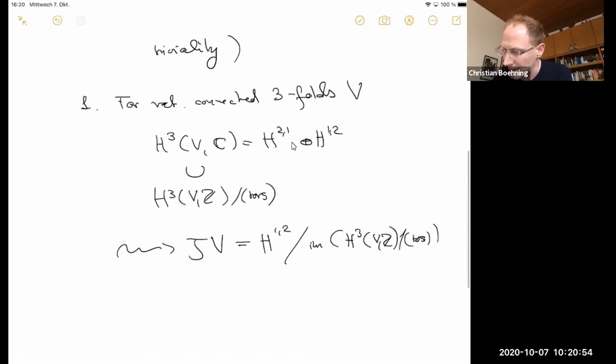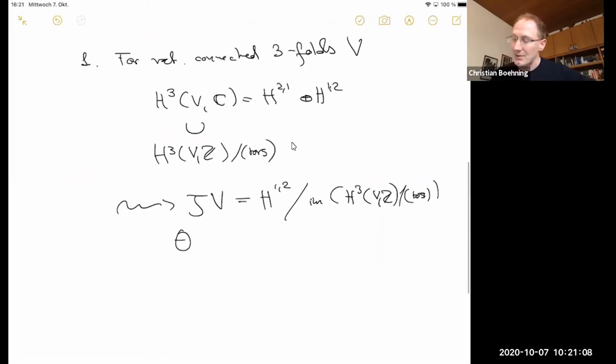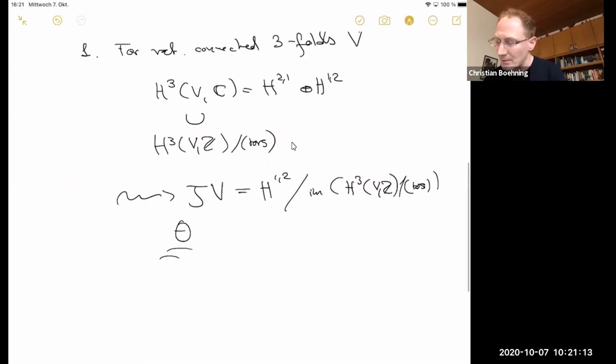And that comes with this datum of an ample divisor, well defined up to translation, giving this principal polarization, which is very important, and one considers this abelian variety together with this polarization datum.